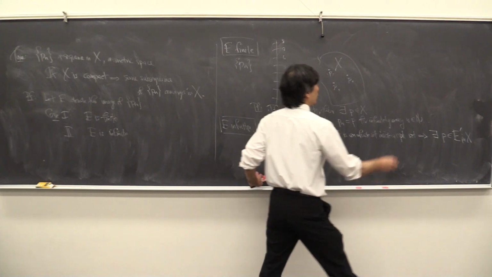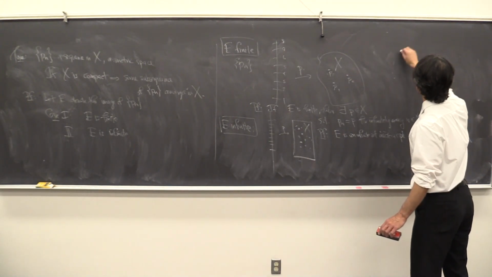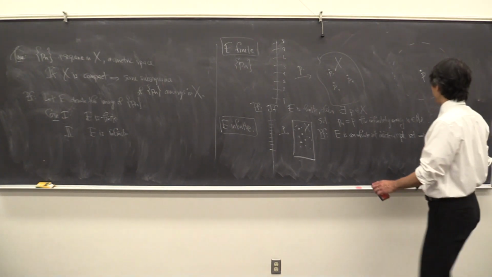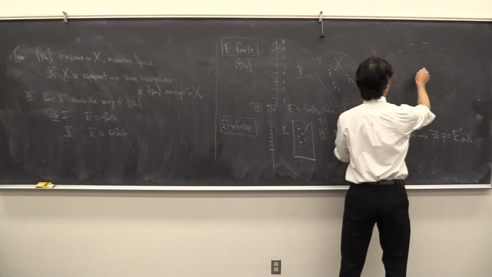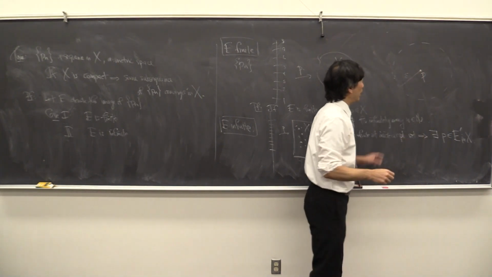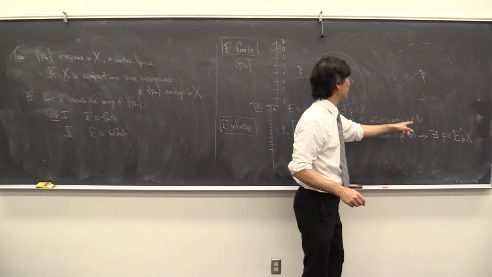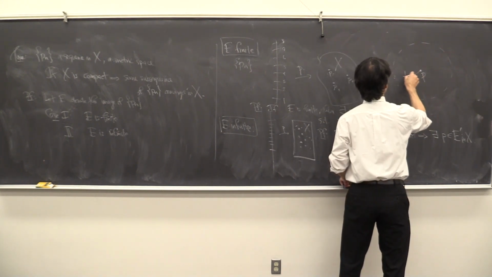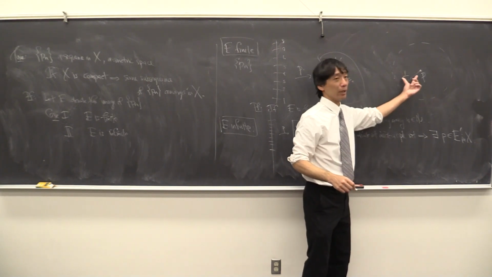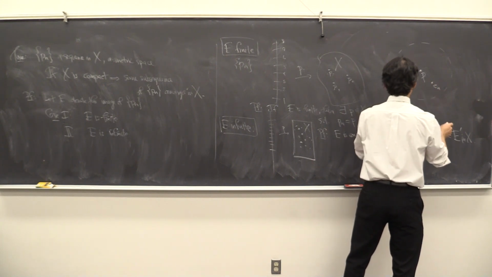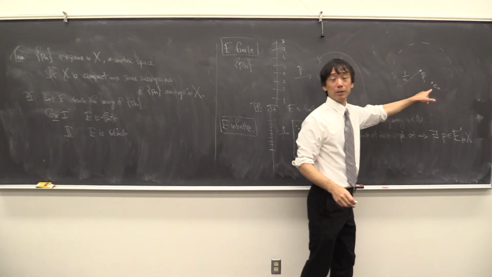You know what a limit point is, right? Every punctured neighborhood contains an element of E. So probably the thing to do is to take radii of 1 over n, as we often do, and then say, okay, we know that there's somebody in there, E sub n.